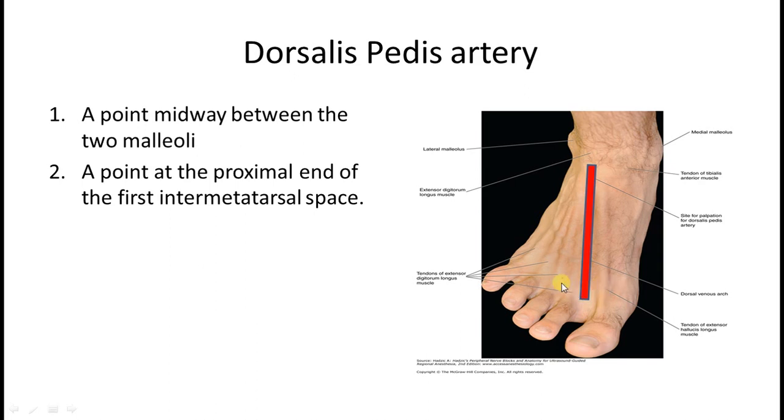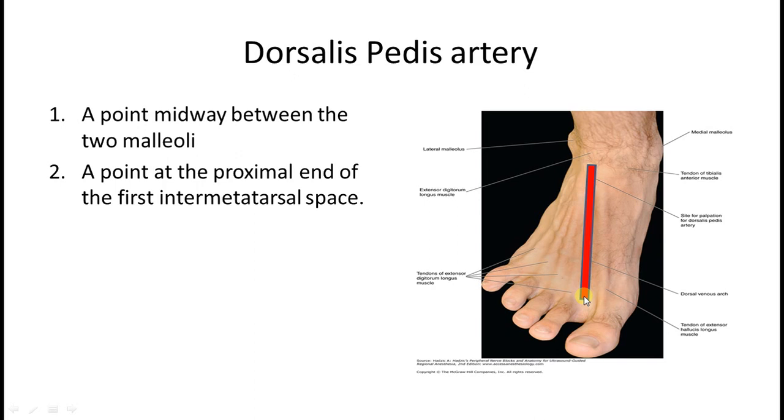Okay, between these two is the first metatarsal, you can palpate very well. Second one, between these two in the intermetatarsal space, the proximal end of the space, you connect by a line, and that gives the surface marking of the dorsalis pedis artery.